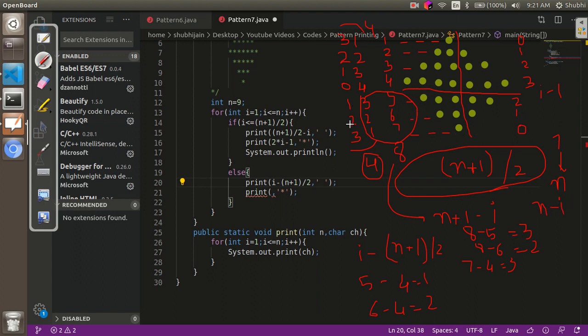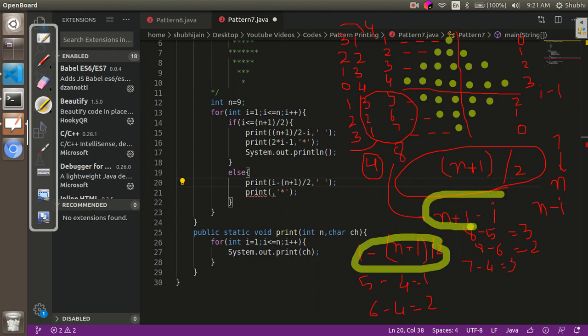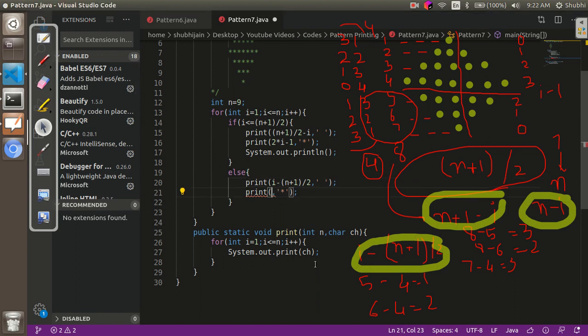So for the bottom half, we can conclude that these are the number of spaces that are to be printed, and this plus this is the number of stars that are to be printed. So over here this we have already written. Now let's write for the number of stars.